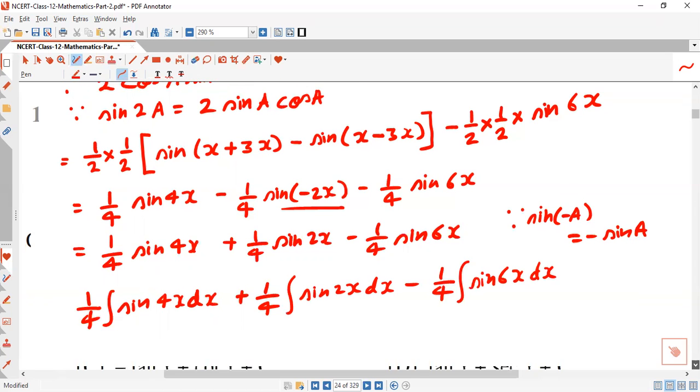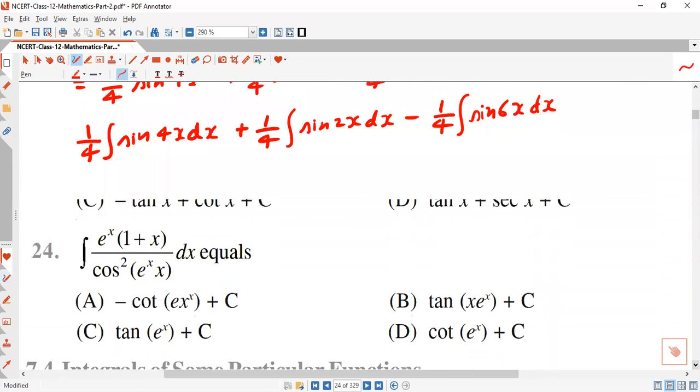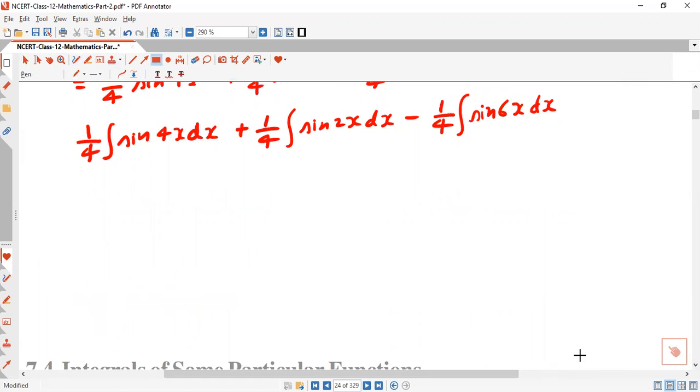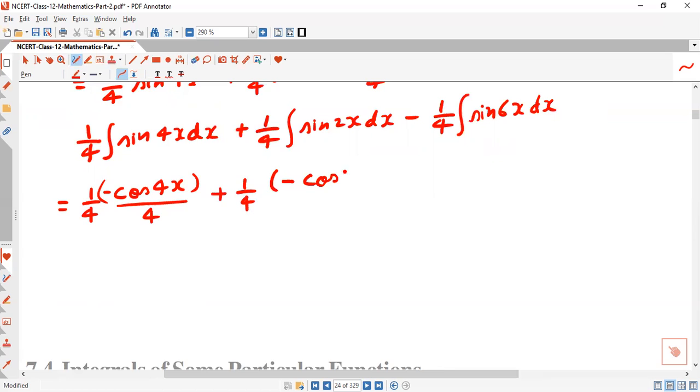Now taking the integration, this becomes 1 by 4, that formula, minus cos 4x upon 4, plus 1 by 4, we know the formula, minus cos 2x upon 2, minus 1 by 4, we take here minus cos 6x upon 6, plus some constant c.